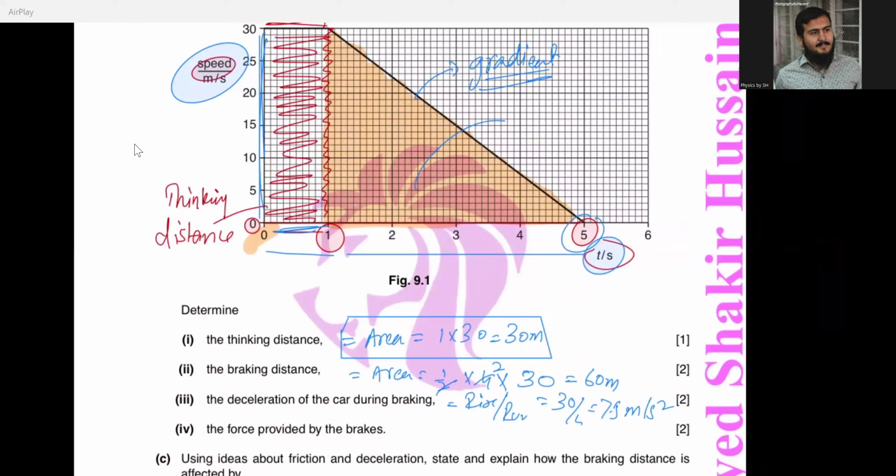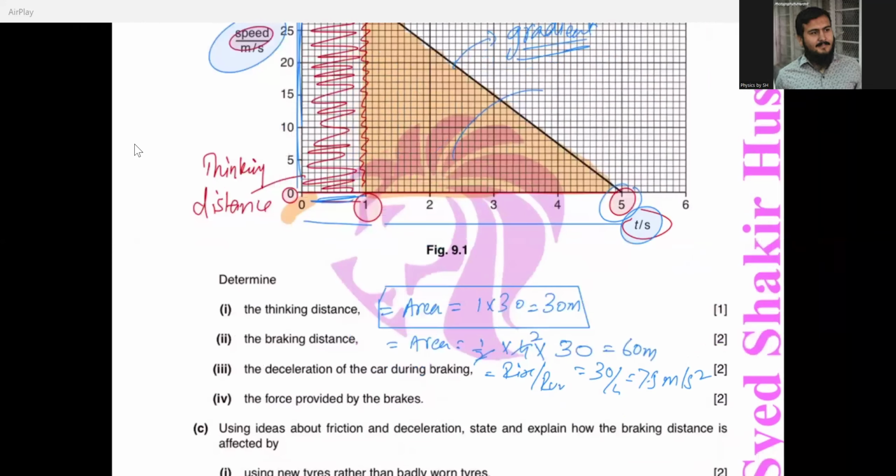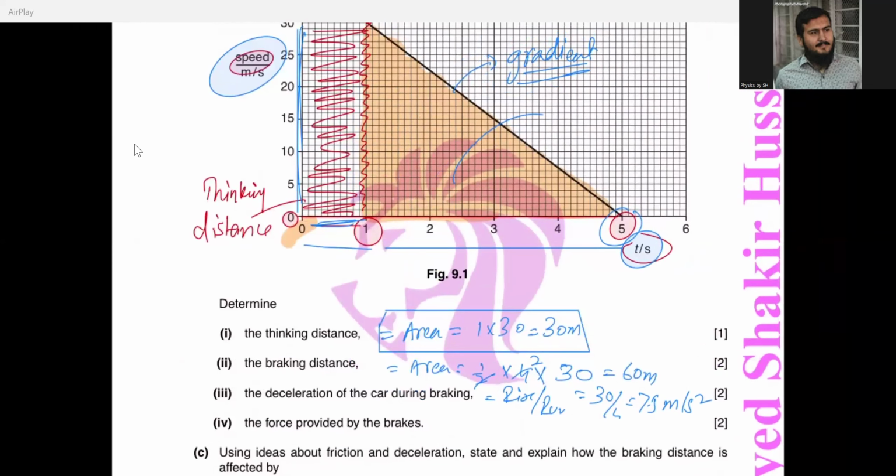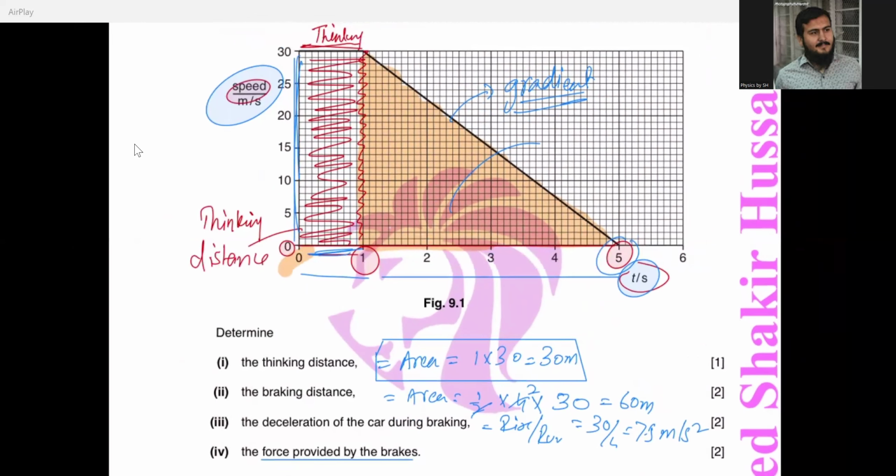Am I able to explain this? Yeah. All right. Now, the force provided by the brakes. What do we mean by rise upon run? Rise is the total change on the y-axis upon the total change on the x-axis. So it was at this point, and then it reached there. How much is the change in vertical height?